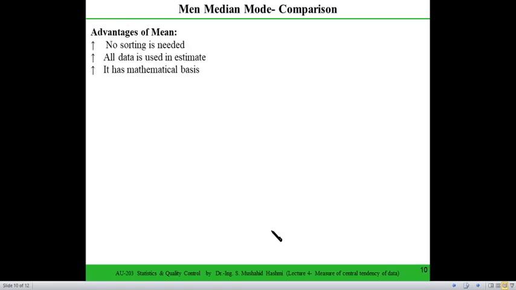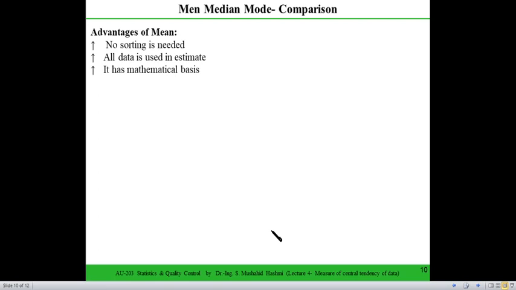Okay, so if you look closely at the comparison of the mean and median, the mean is something where you don't need to sort your data. This is a good point about the mean. Sorting or ordering of the data is not required, and all of your data points are used in your estimation of the central tendency.